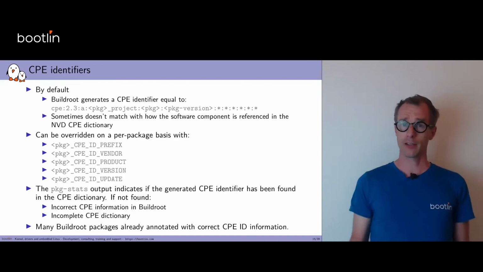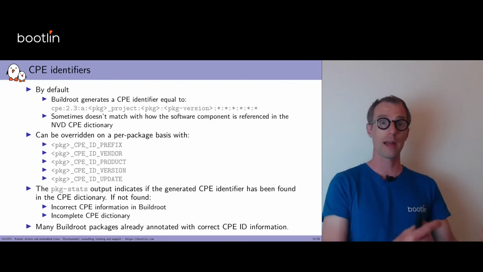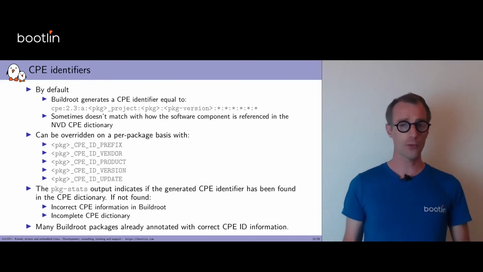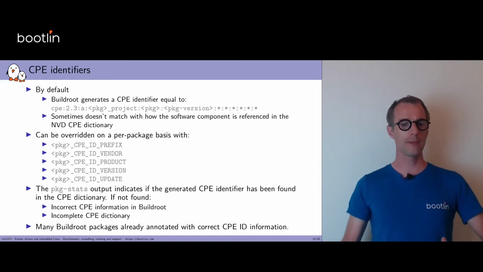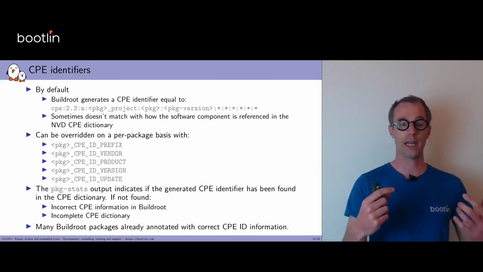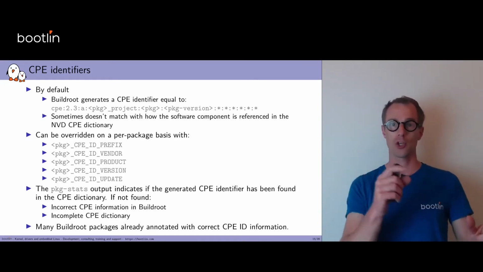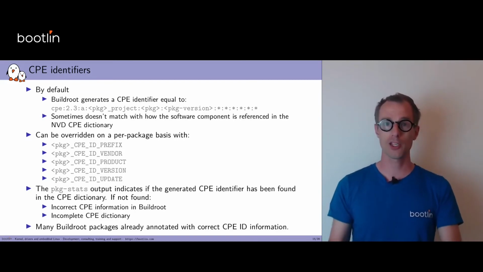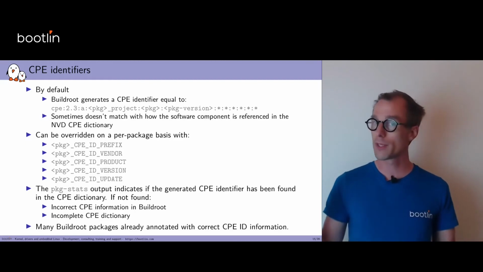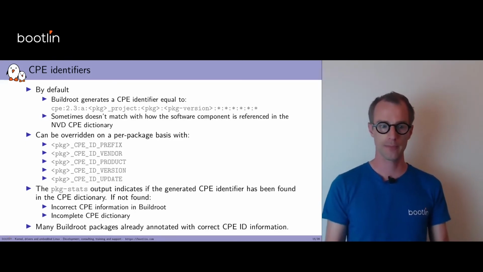So the CPE identifiers need to be known by Buildroot, because these are the key to match with CVEs in the CVE database. So by default, for every package, Buildroot automatically assumes that the CPE identifier is like this: cpe:2.3:a:<name of the package>_project:<name of the package>:<version of the package>. So if we have no other information, we will assume this is a possible CPE identifier for your package.